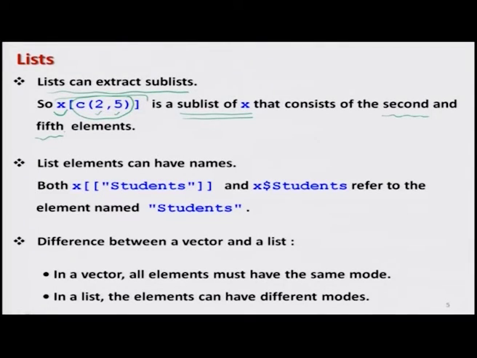Another advantage of using a list is that the elements of a list can also have names. For example, if I give a name here, students, then these names are enclosed by double quotes and placed in the double square brackets, followed by the name of the variable containing the list.